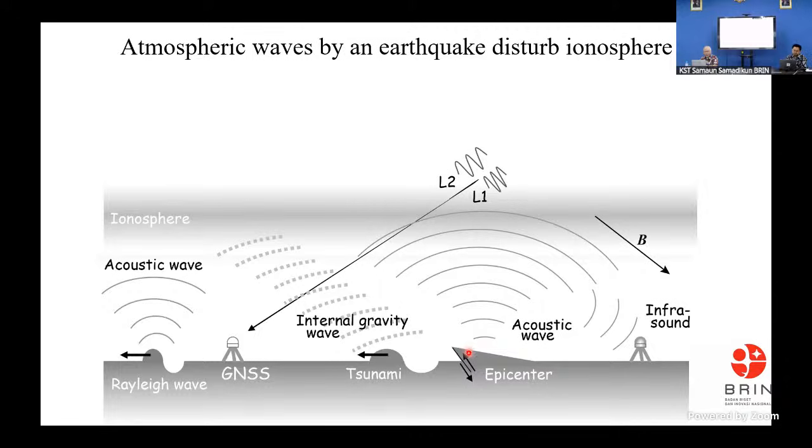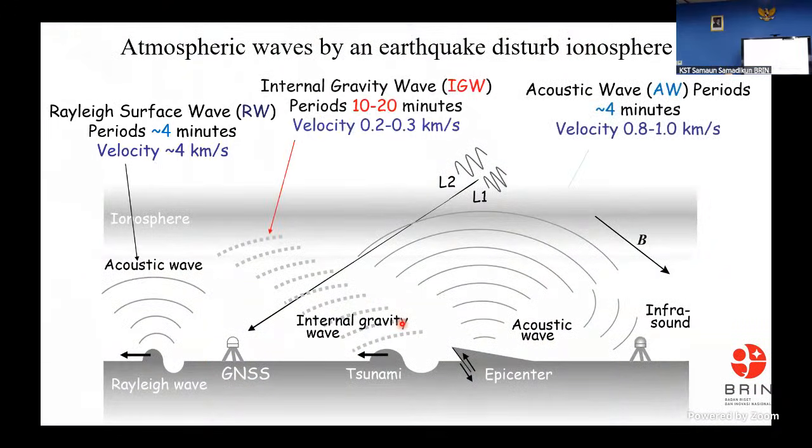So there's a crustal uplift. This makes an atmospheric acoustic wave. And also there are surface waves associated with vertical movement of the surface. It also makes acoustic waves. Also, there are longer period internal gravity waves. They all go upward and disturb the ionosphere.